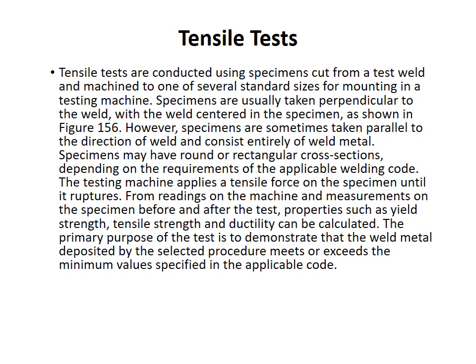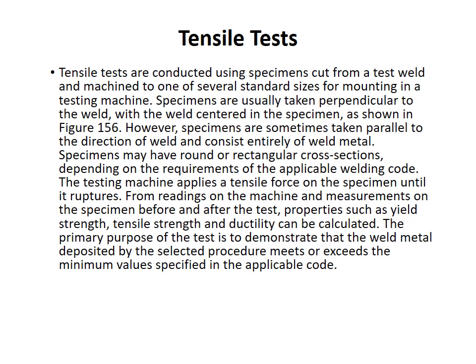Specimens may have round or rectangular cross sections depending on the requirements of the applicable welding code. The testing machine applies a tensile force on the specimen till it ruptures. From readings on the machine and measurements on the specimen before and after the test, properties such as yield strength, tensile strength, and ductility can be calculated.